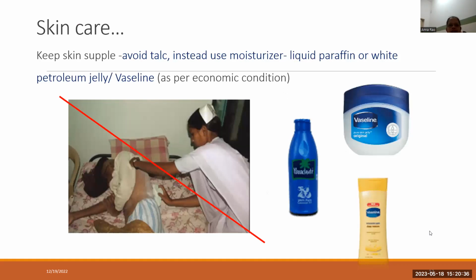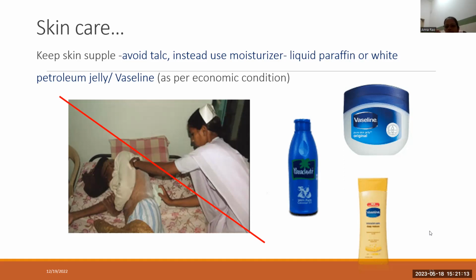In hygienic care, the skin should remain supple. Now how to keep it supple? It should be just enough moist, not too much moisture, right? And it should not become dry also. In palliative care, we don't use any kind of talcum powder. Instead, what we do is after giving a good bath and after drying the skin by patting, not rubbing harshly with the towel, just pat dry the skin and then immediately apply any moisturizer.